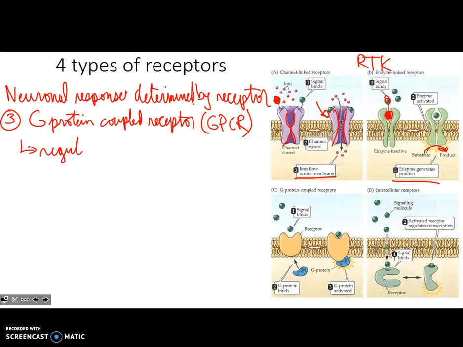The G protein coupled receptor isn't going to participate in any of the reactions that it regulates. So it regulates intracellular pathways, reactions, however you want to think about this. I'll say reactions, but it's in an indirect sort of way.